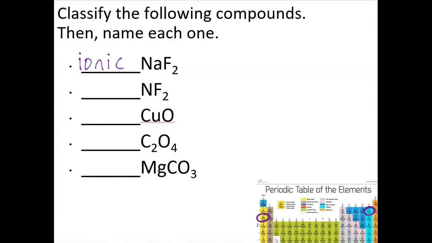Na is not a transition metal. The transition metals are found in green on this particular periodic table. Plus, Pb and Sn act like them too. So those are my transition metals and they're not present here. So this one is really easy to name, simply sodium fluoride. You do not use a prefix for this one because it's not covalent.